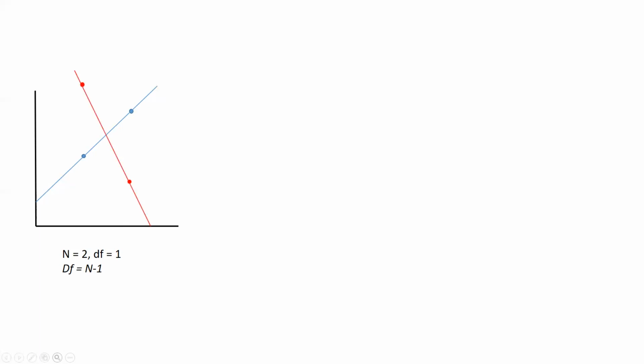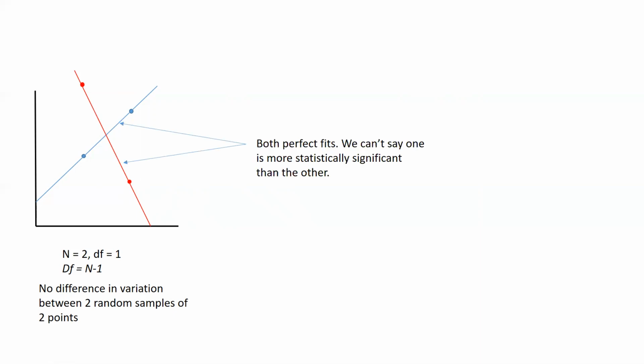If we had 2 different data points, pretend this is on a different graph, again, you could have perfect correlation. So where degrees of freedom equals 1, perfect correlation, this doesn't tell us much, it's a self-fulfilling prophecy. So there's no difference in variation between 2 random samples of 2 points. And both these lines perfectly fit. We can't say that one is more statistically significant than the other.